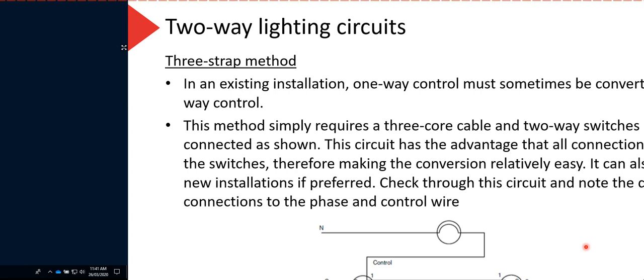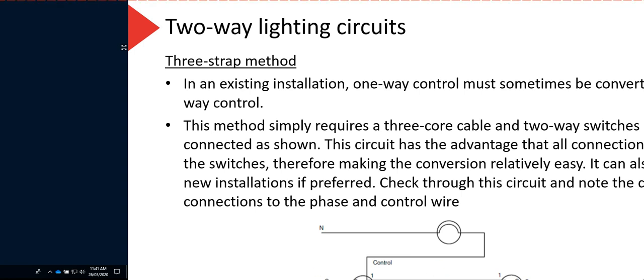That means that I only need to get a cable from my old switch to the new switch. I don't have to get any cables back to the switchboard. I don't have to move the switch. I don't have to move the control wire from the old switch to the new switch. So I just have to run one new cable from my old switch to wherever I want the new one. And I'm going to use 3 cores to do it.